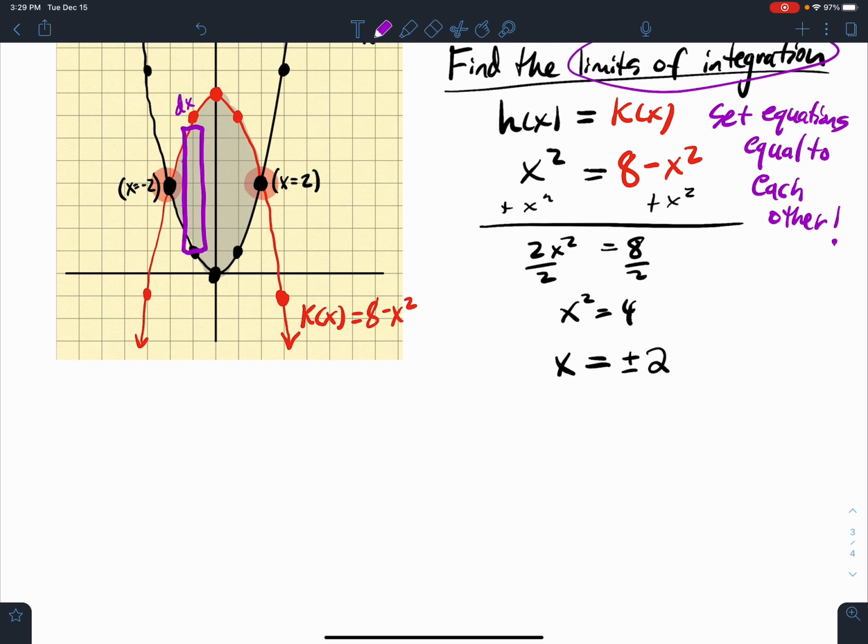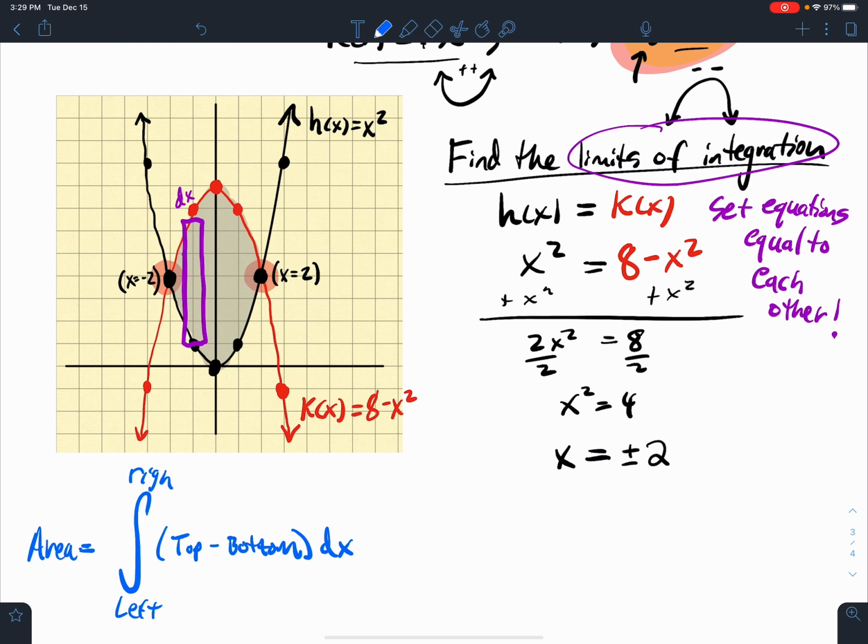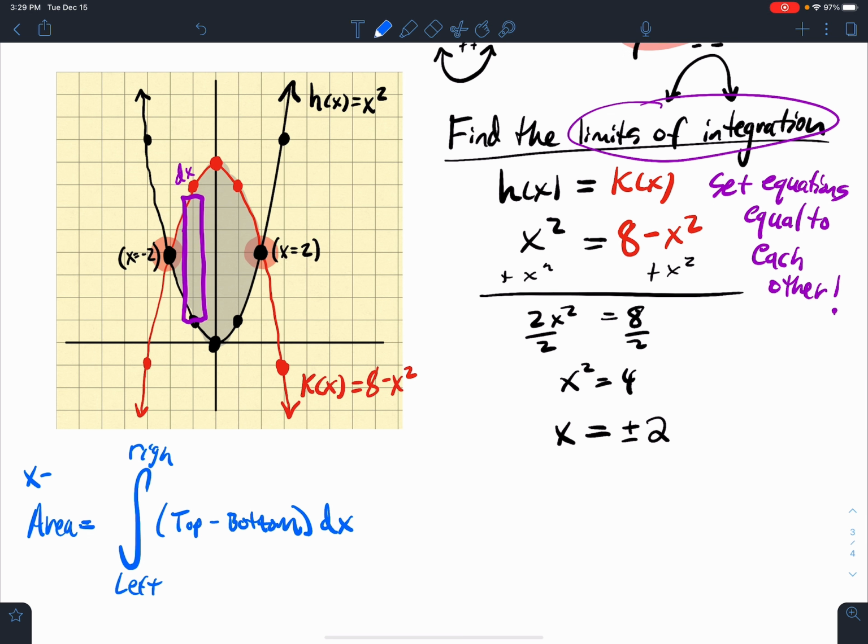Now, once I have them set equal to each other and I've got the limits of integration, I've got my arbitrary rectangle, I'm ready to set up the integral. The integral, okay, area is equal to what? It's from left to right, top minus bottom, dx, because it's x easy.